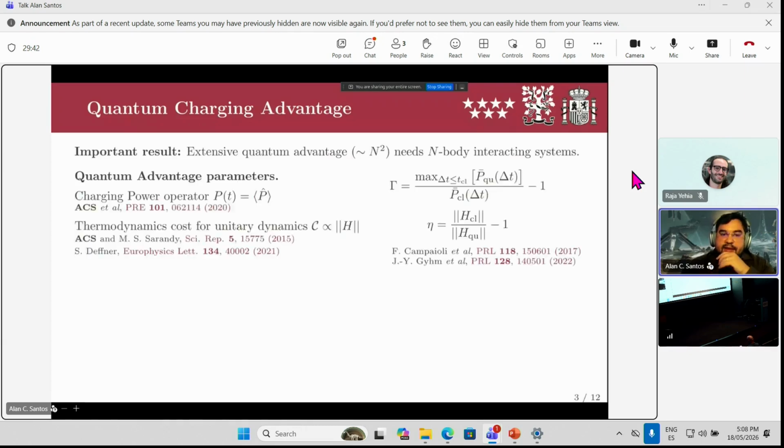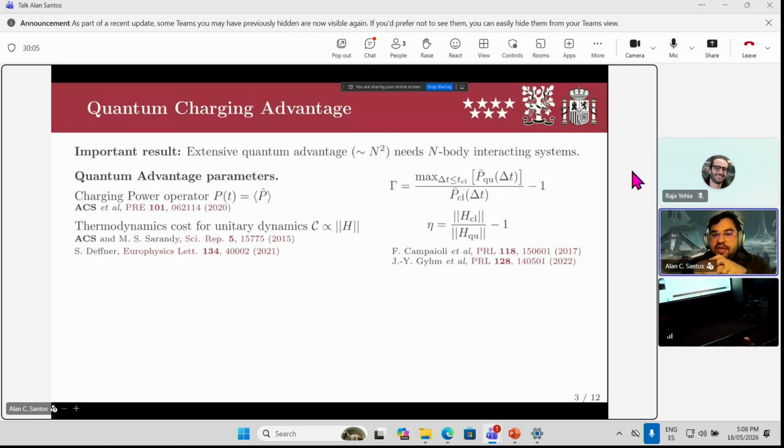Okay, and probably many of you already know these works by Campaioli and by Jim. It's a PRL from some years ago, in which they proposed many different ways to quantify what is quantum in a quantum battery.